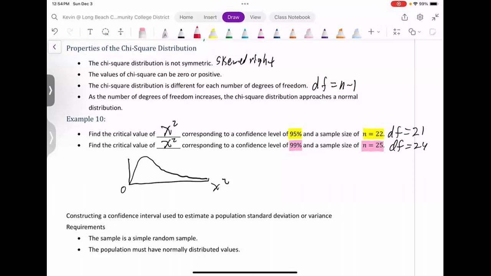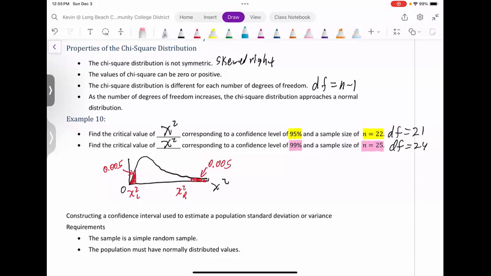And because in the middle is 99, that means that each of our little areas here is 0.5%, 0.005. Same here, 0.005. And here's again our chi-squared left and our chi-squared right.